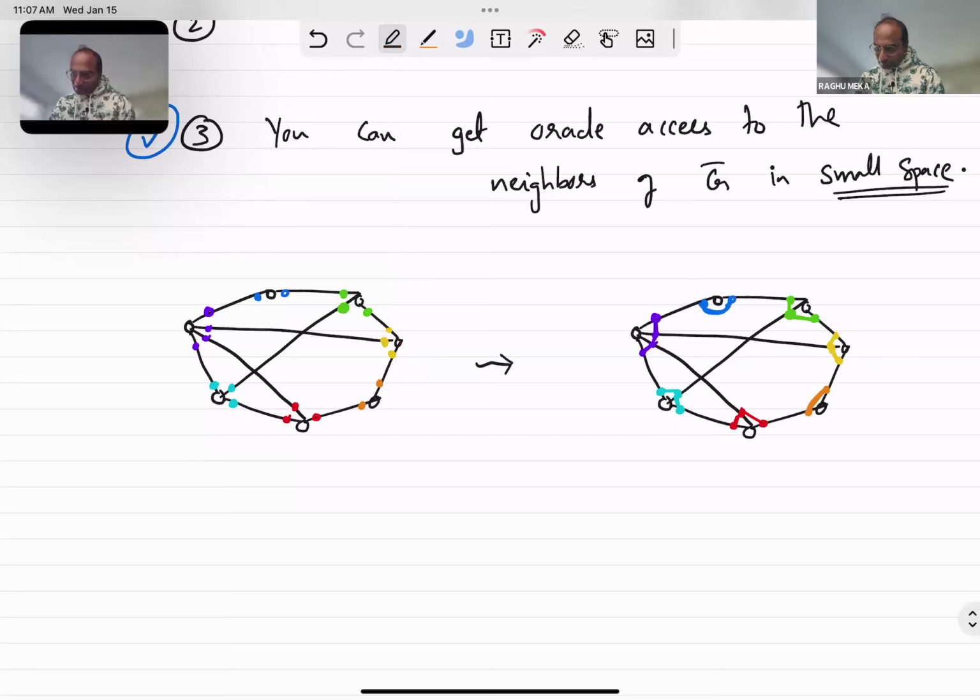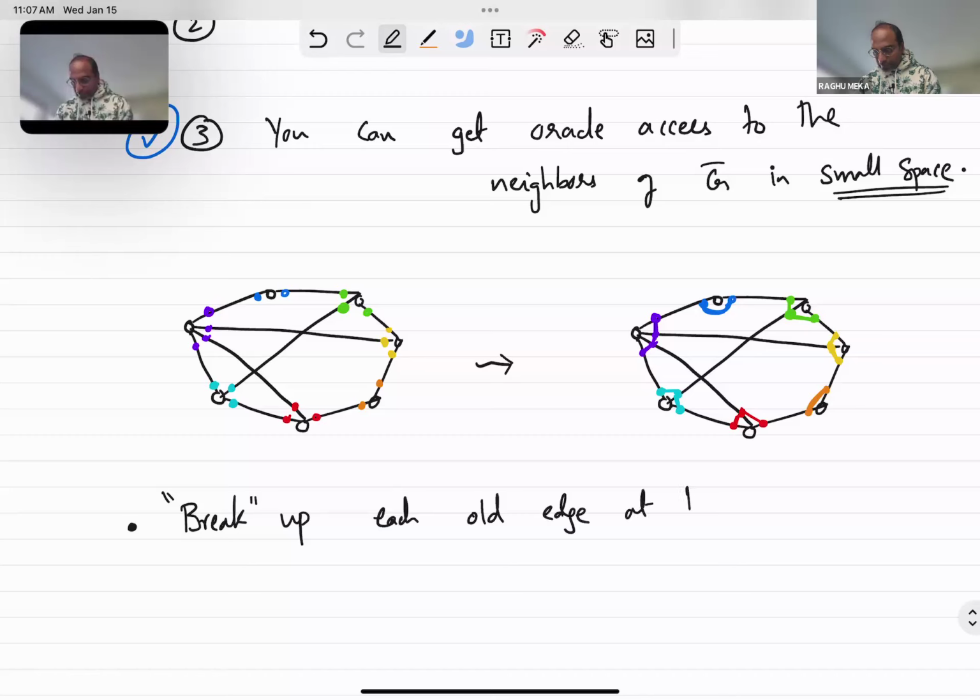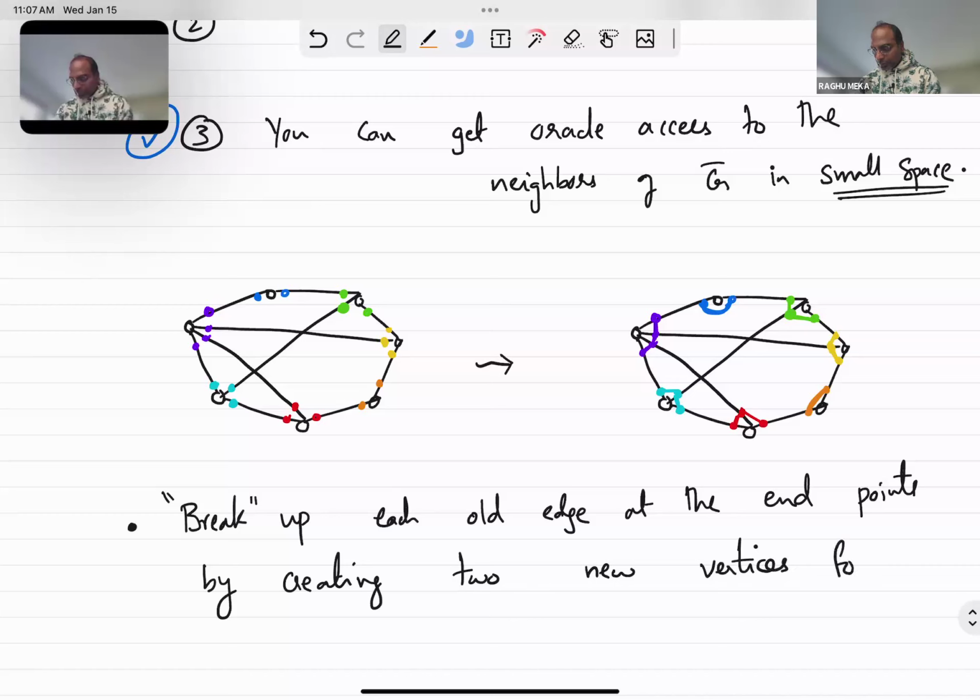So then add a local cycle. For each edge, something like here, I create 2 vertices, like this purple vertex and this blue vertex, one near each of the 2 endpoints.